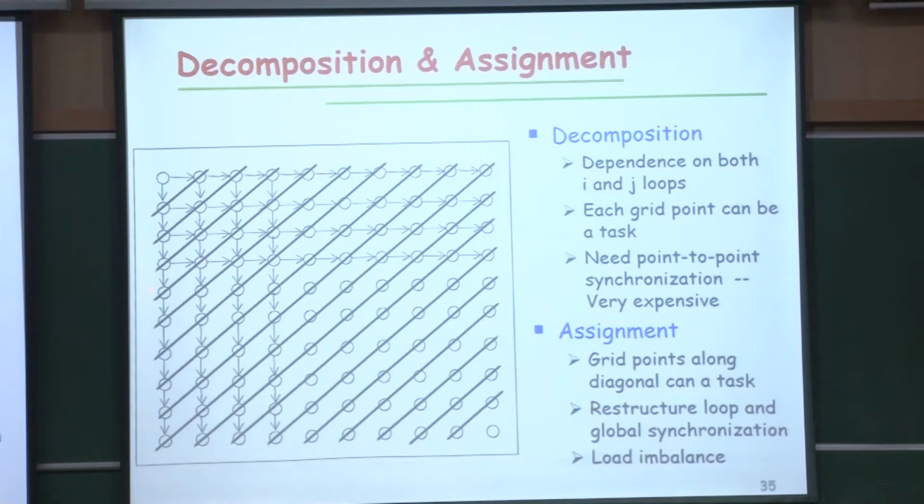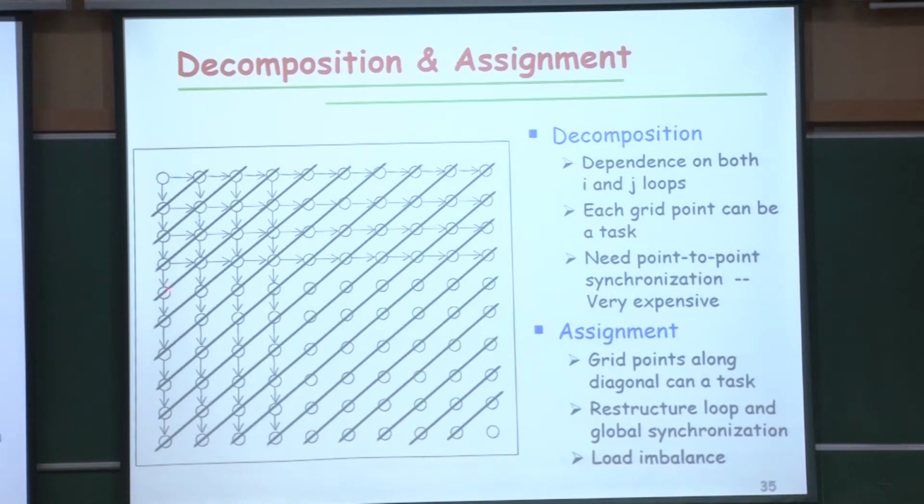In fact, all these elements can be run in parallel as soon as you have finished this diagonal element. As soon as you have finished this diagonal element, this can start. So if I say my tasks are the elements or grid points within a diagonal, then I do synchronization only across these diagonals.